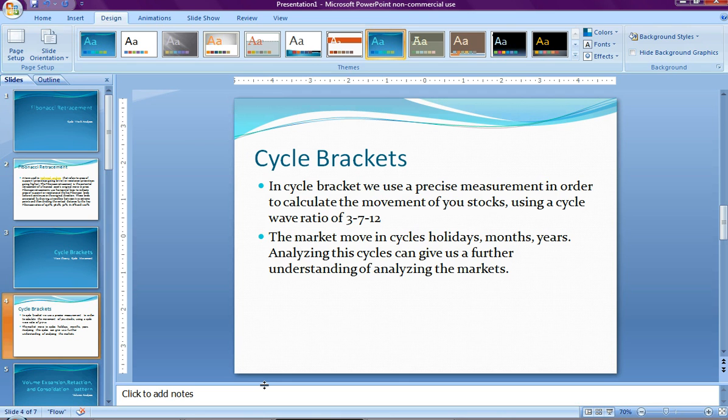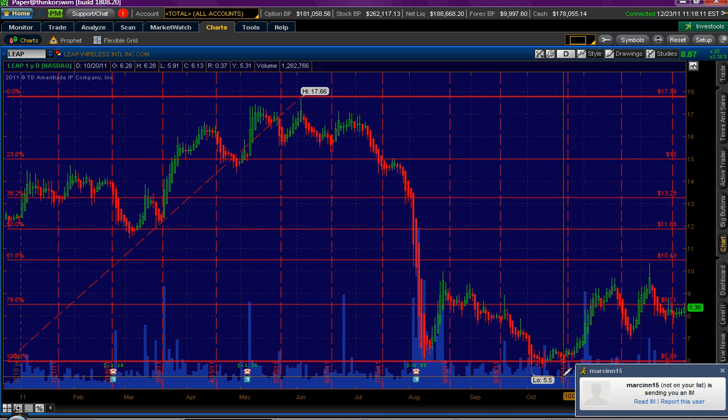For example, during Christmas you can see that the markets move up, or during certain months you can see commodity inflation, such as around March, the cycles for commodities, or how the market flows in cycles, which gives you an understanding of when to buy or when to sell the markets.